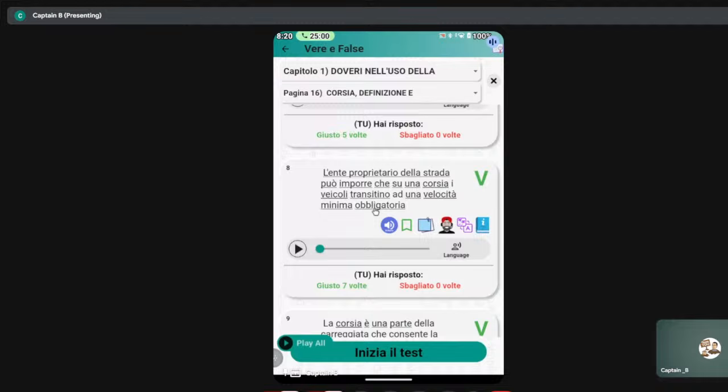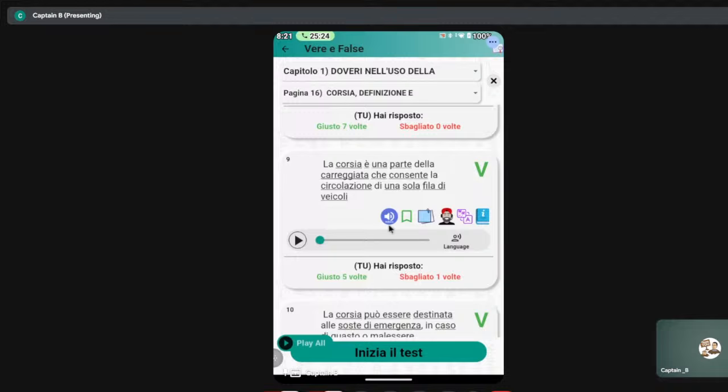So on a road, they can put a law to that. Any transit of vehicles has this obligation to obey the minimum. And it is true. That's why if you see some roads, they put 20, 40, 50, 60, and so on and so forth. All right? And the answer is vero.